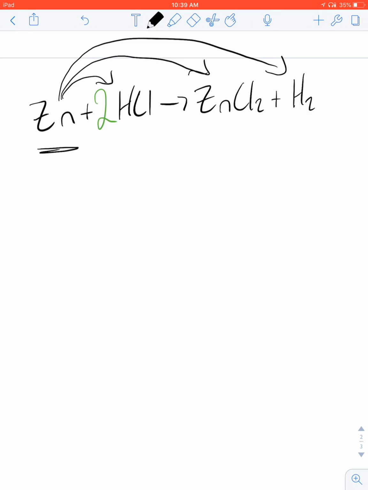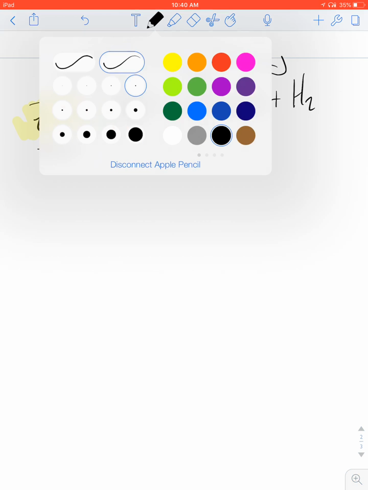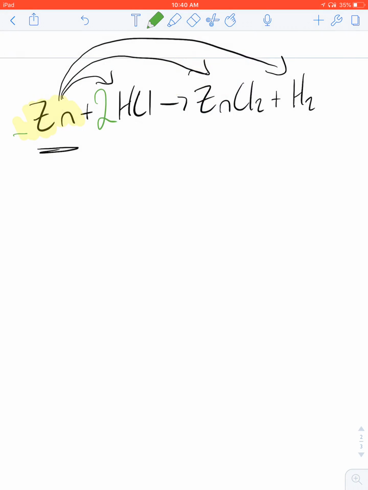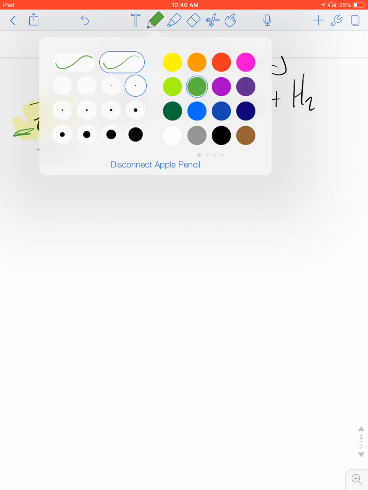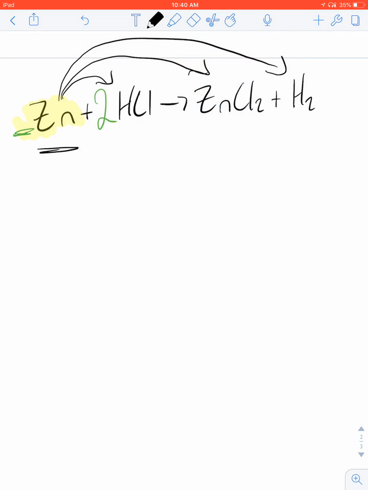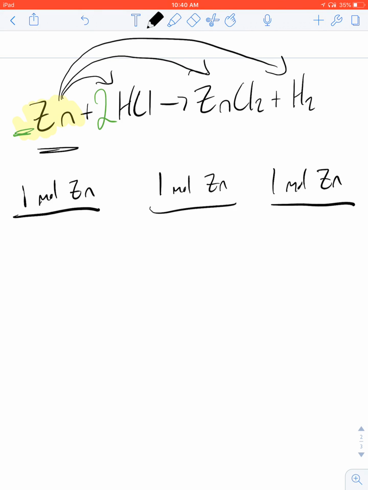So in all of these, looking at zinc, it doesn't have a coefficient. Since it does not have a coefficient, we know that really means there's 1 mole of zinc. So for all of these ratios made with zinc, we know it's only 1 mole of zinc. Now, all we need to do is find the bottom half of each of these mole ratios.